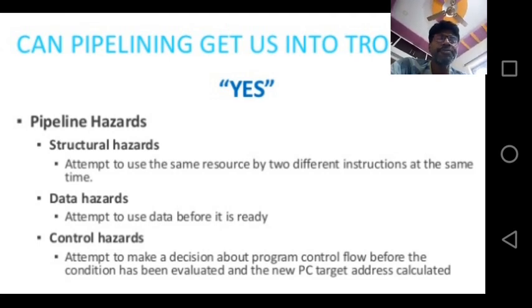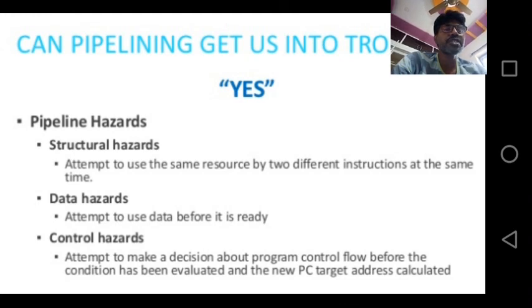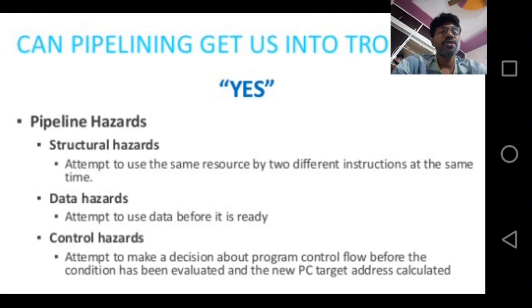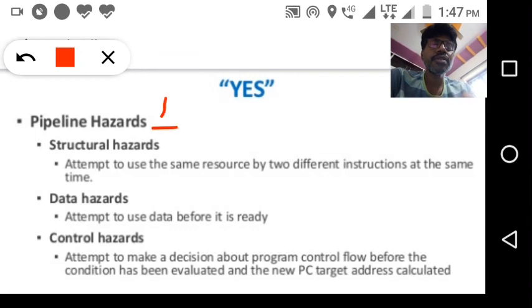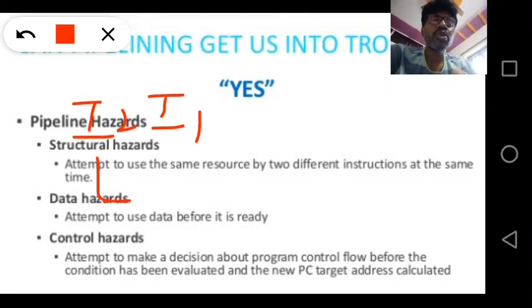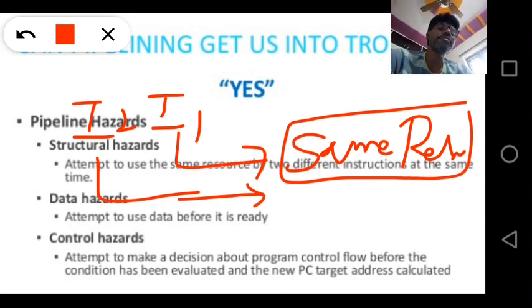But what is the downside of pipelining? There are certain limitations. Hazards means some kind of limitations. Structural hazards: an attempt to use the same resource by two different instructions at the same time. What does this kind of limitation mean? If instruction 1 and instruction 2 both want to access the same resource, then you cannot achieve pipelining.